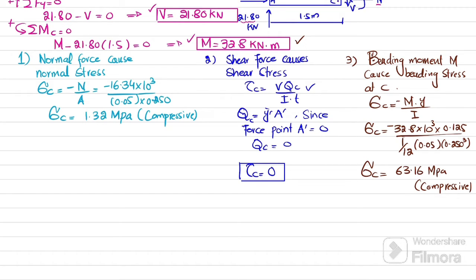Now for case 1, if you want to draw the stress distribution, let me draw it. This is the cross section, for example, the portion of the beam. Now this is your point C. At point C, due to the normal force, the stress distribution will be like this.